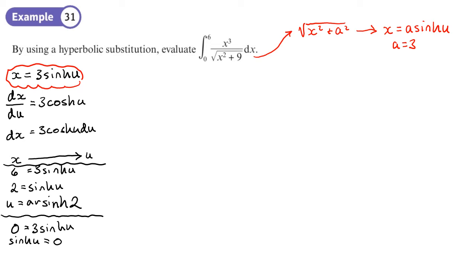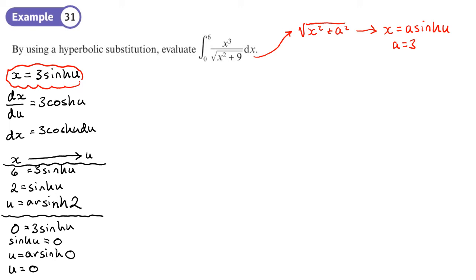Then we do arcsinh to both sides, so u equals arcsinh 0. You can work that out on your calculator: press Option straight away to get the hyperbolic function menu, and you'll see sinh inverse as number 4. You put in 0 and you end up with 0. So u equals 0.